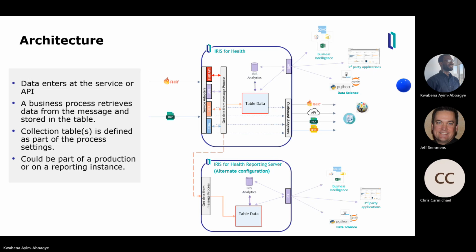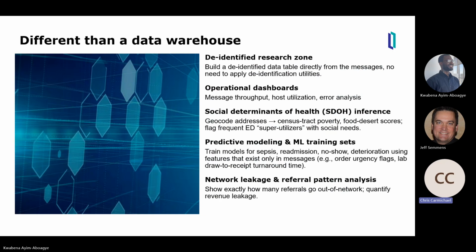Next, please. So is it different than a data warehouse, where a data warehouse does retrospective analysis? This is more of an operational store, taking a look at what's happening in the system right now. So if there's an outbreak of salmonella somewhere, you can immediately find that information and pass it off to the public health services as needed. You could create a de-identified research center where you're just having that data that you need to do your analytics.